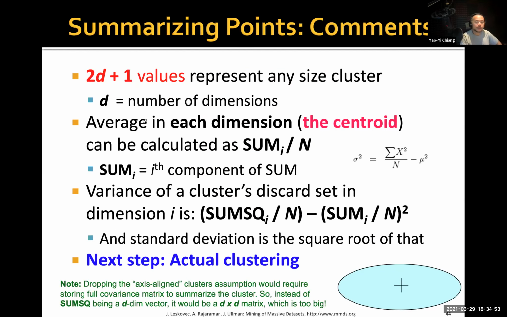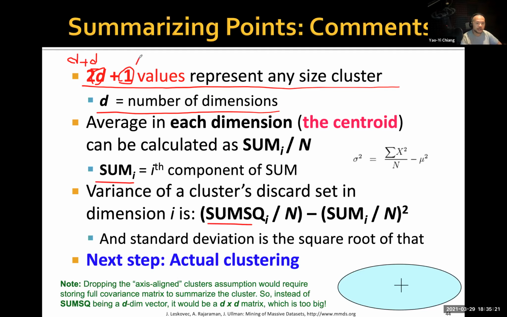When we are summarizing all these points, we need 2d plus 1 values to represent any size of cluster. d is the number of dimensions, and we need 2d because the first d is used to store your sum vector, the second d is used to store your sum square, and the plus 1 is the number of data points, that's the n.